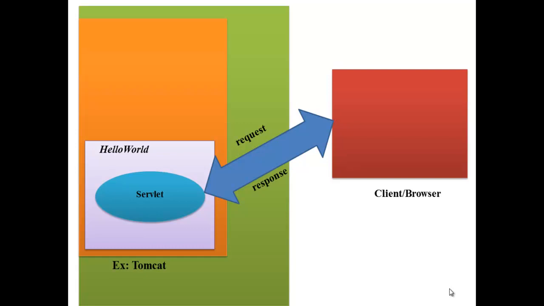In our case the response was Hello World. That's the simple statement we have written inside doGet. That's why the same statement was sent by Tomcat as output to the client. So this is what happens internally when we send a request to a particular resource from a client. Thank you.